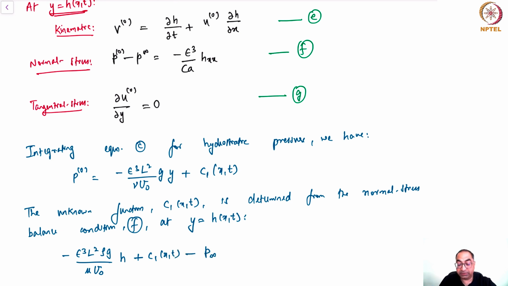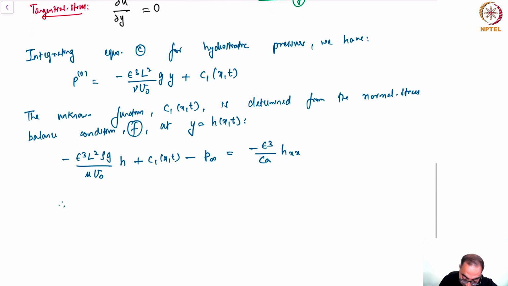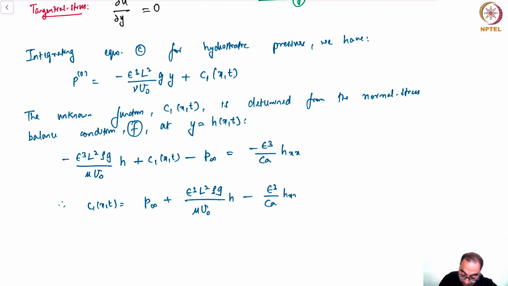This is the left hand side of equation F. This is minus epsilon cube Ca h xx, right? So now I have C1 of x comma t will be p infinity plus mu naught times h xx. This is my constant C1.